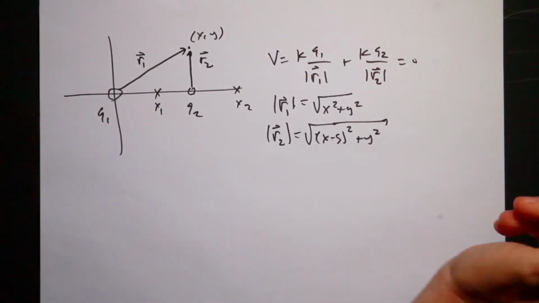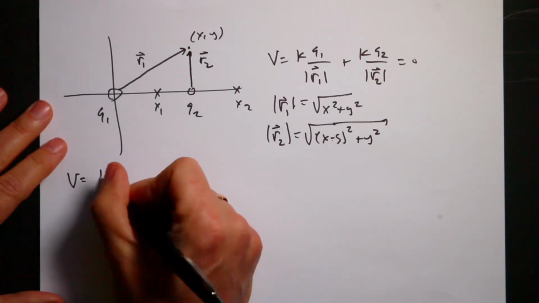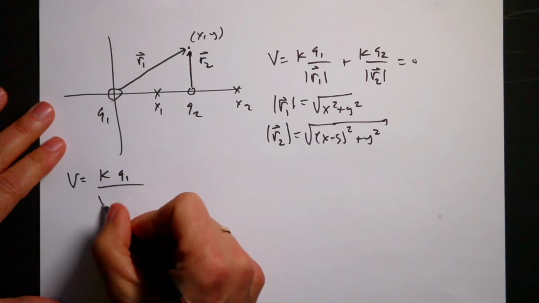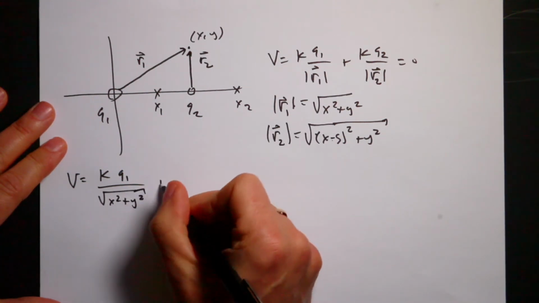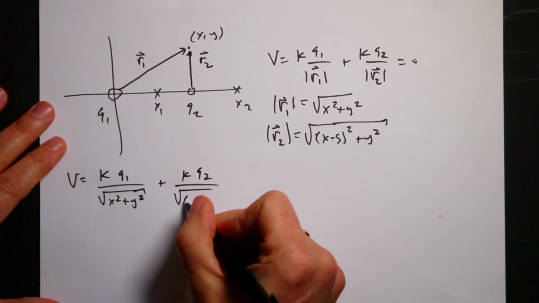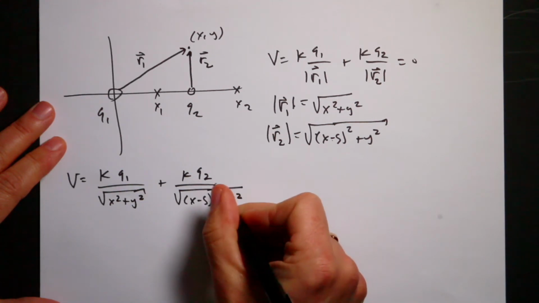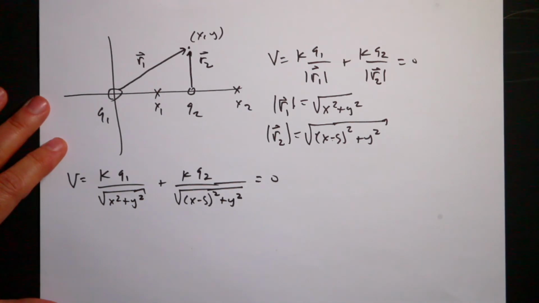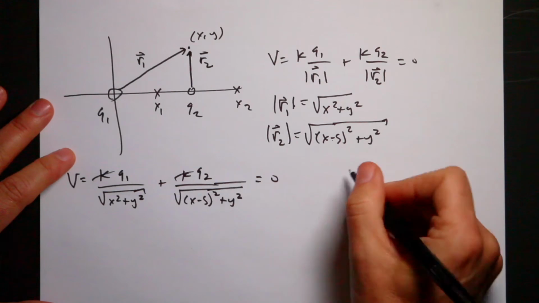Okay. So if I put this into my formula, I get V equals k q1 over r1, which is the square root of x squared plus y squared, plus k q2 over the square root of x minus s quantity squared plus y squared, equal to 0. So let's just, the k's cancel, okay? And I'm going to subtract that from each side.